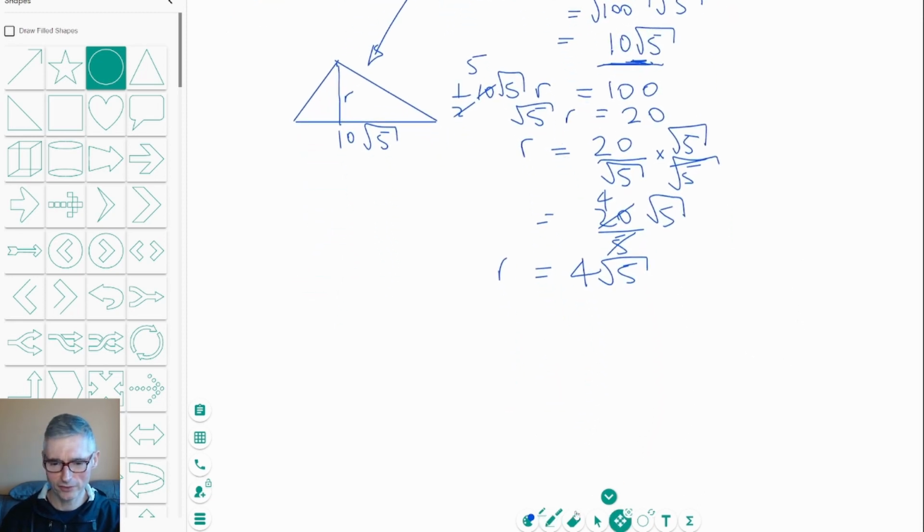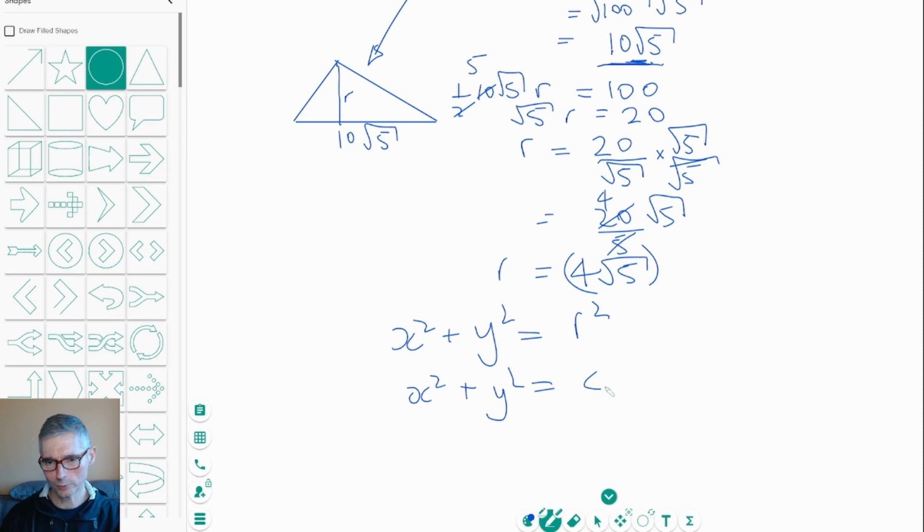If we put that into the formula for our circle, x squared plus y squared equals r squared, all we need to do is replace r by this number. So we've got x squared plus y squared equals 4 root 5 all squared.